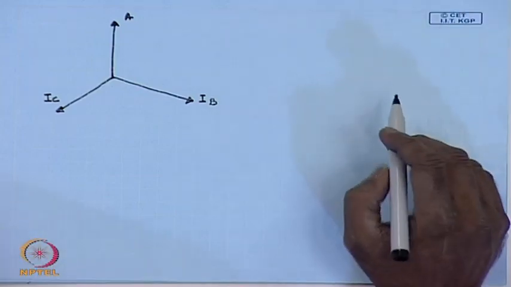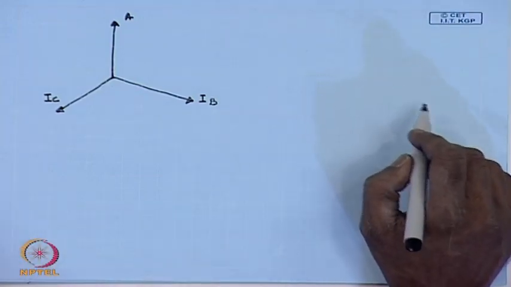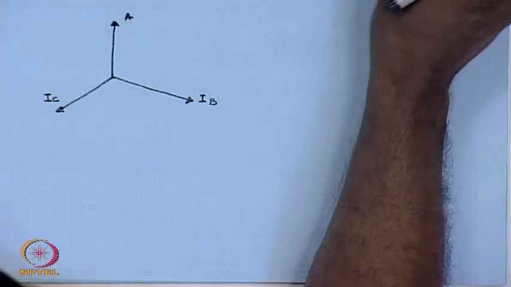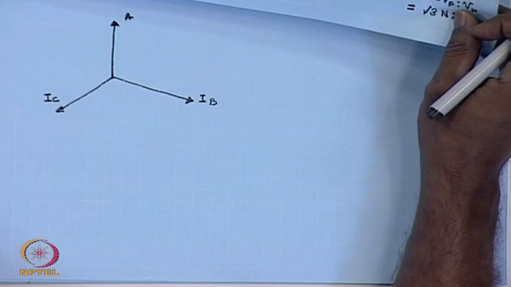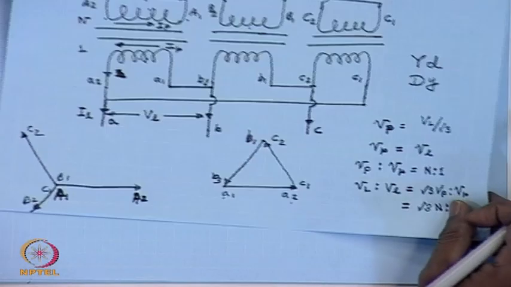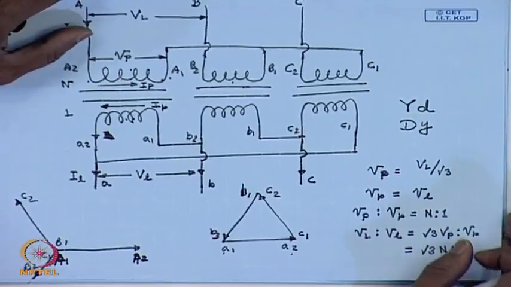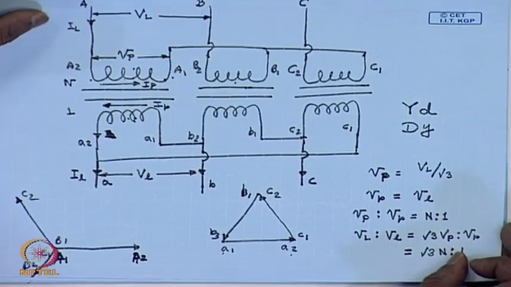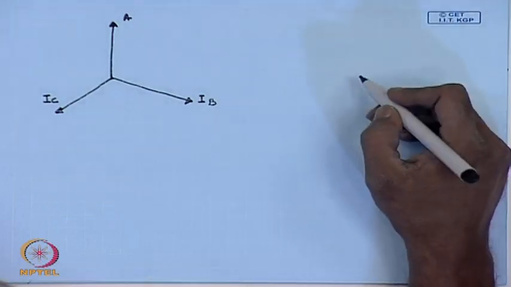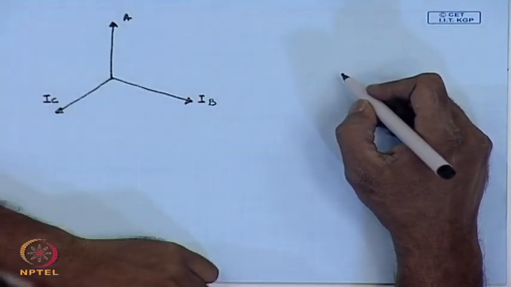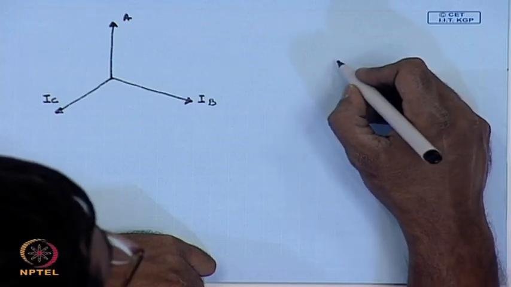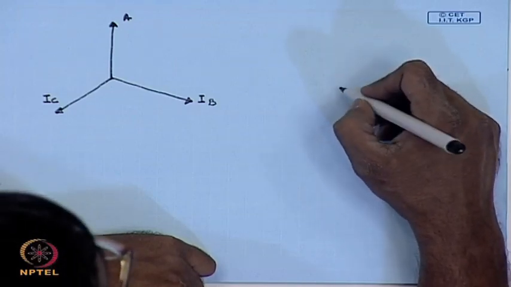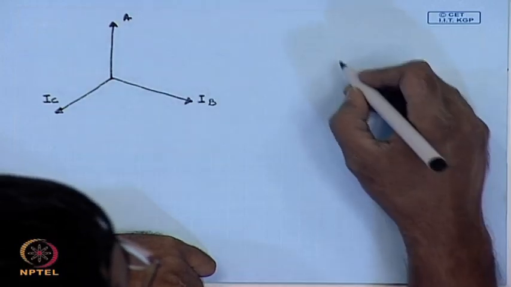So, the secondary current flowing through phase A1 to A2 will be in phase with this current. So, this is the current I A1 to A2, this is the phase current I A, which will be in phase with this.